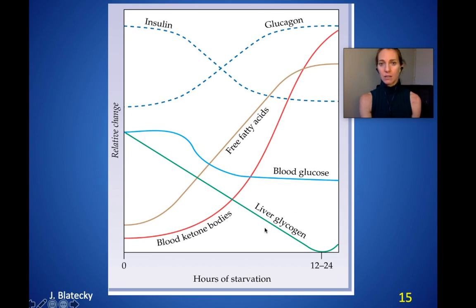Liver glycogen, right? So think about that for a second, right? No surprise that that tanks, right? We use up all that glycogen in the process of glycogenolysis, right? We split it to free up the glucose. But again, we run out of that. We run out of that source. And so we start having to depend more on fats.